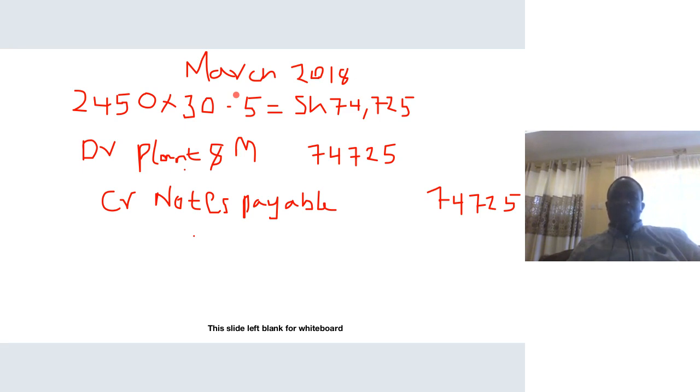Because if there had not been this contract, then the liability that Njoki was supposed to pay would have been the 2,450 guilders multiplied by 30 as at 31st August.